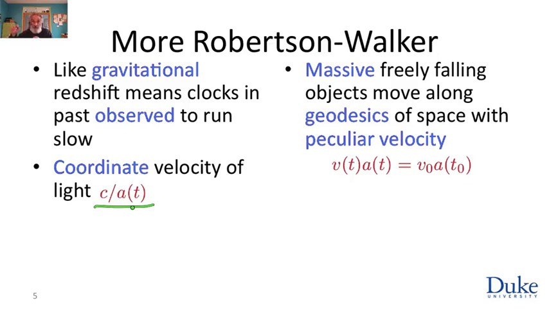All this is the statement that a given coordinate distance from x equals 1 to x equals 3 turns into more and more physical distance as the universe expands, while light moves at the same physical speed c. So this is not that shocking again. And massive freely falling objects still move along geodesics of space, so that's good.